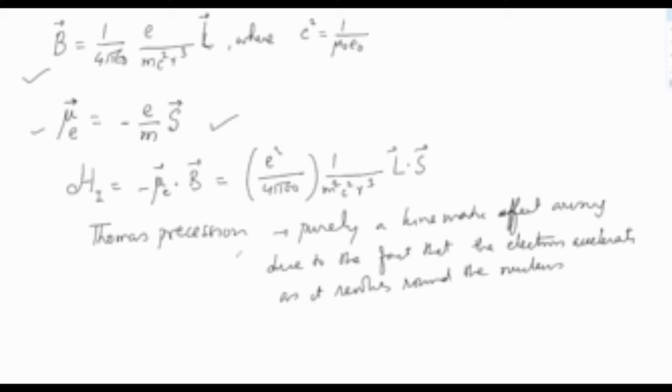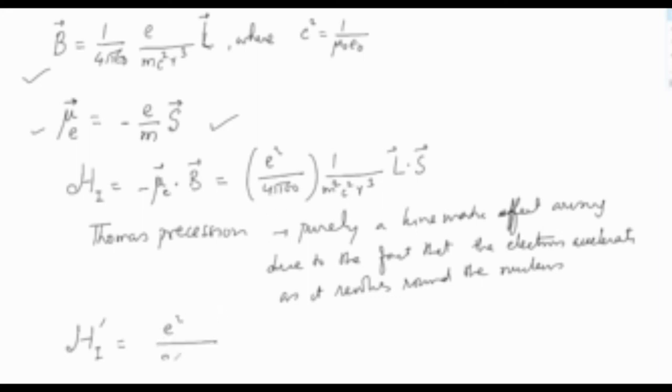Okay, this is known by the name Thomas precession, and when you take this precession into account, then instead of H I we have a modified form H I prime, and we get a factor of half here, which means this will become E square by 8 pi epsilon naught.